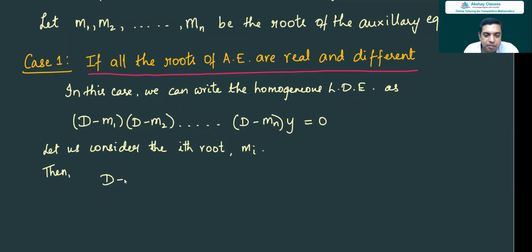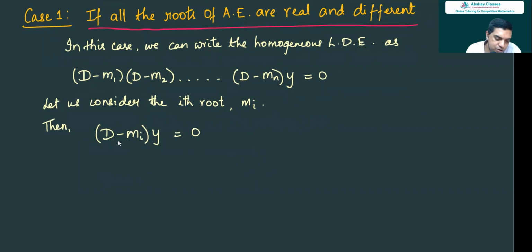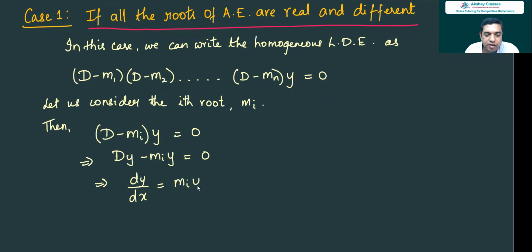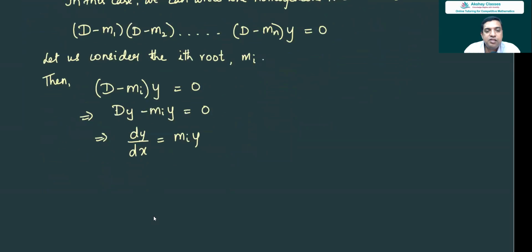So (D - mi) y = 0. So now this is a solution. We get dy/dx - mi y = 0. So dy/dx = mi y. So this is variable separable form. This is a differential equation of first order, first degree.